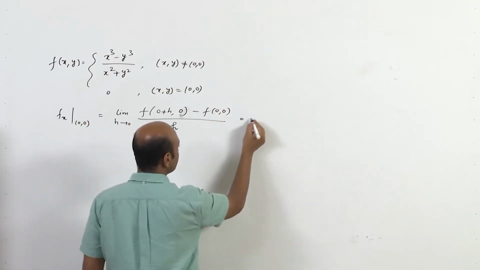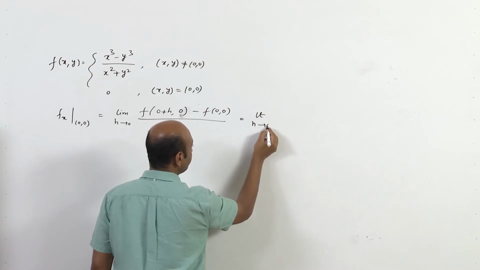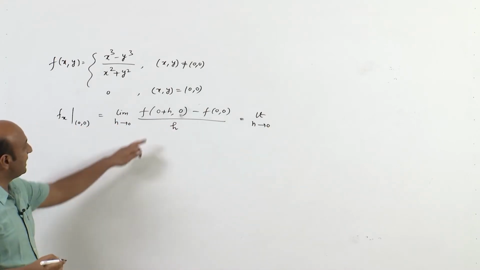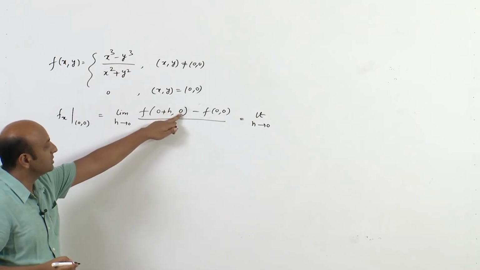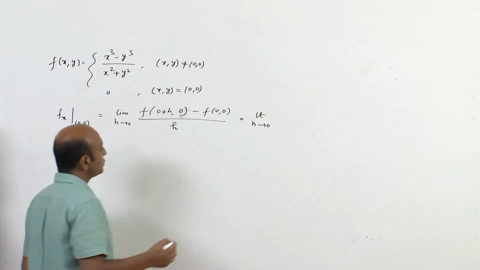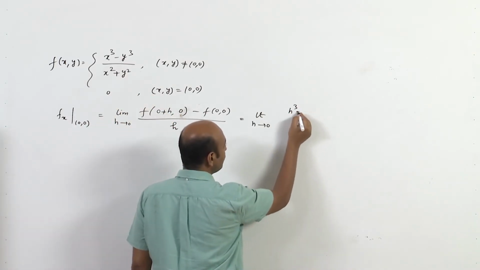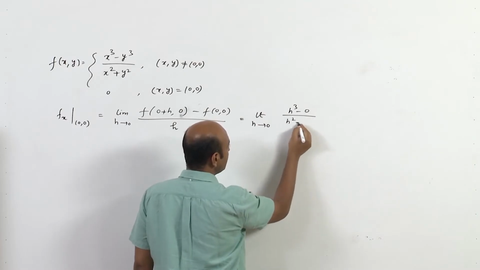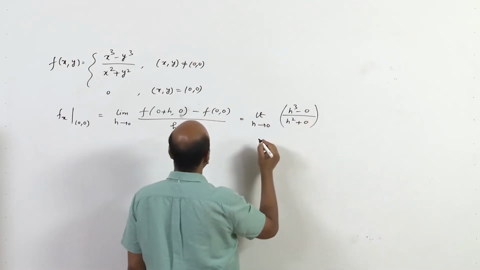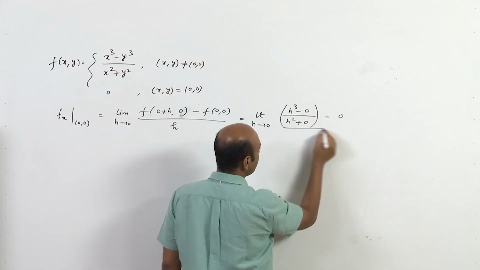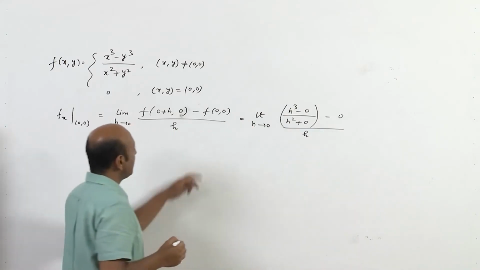Now, this will be equal to the limit as h tends to 0, where you replace x by h and y by 0 in this definition. So, it will be (h cube minus 0) upon (h square plus 0), minus 0, upon h, because f(0, 0) is 0.